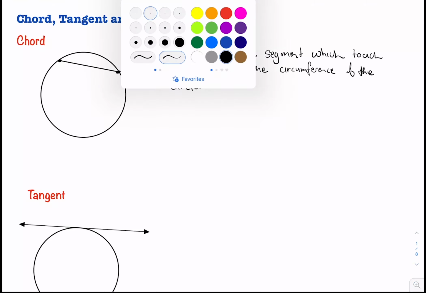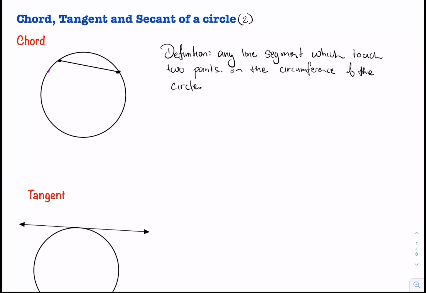So I'm going to take this chance to put in some chords. If we're looking at these drawings that I'm putting in right now, what we'll see each time is that I am putting in a chord. So each of these line segments that are going from one side of the circle to the other side are all chords.